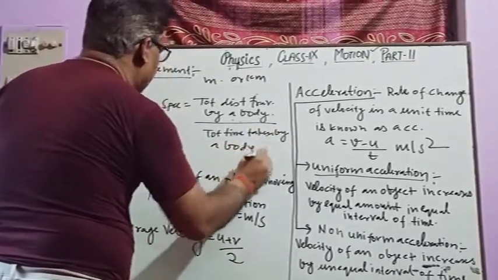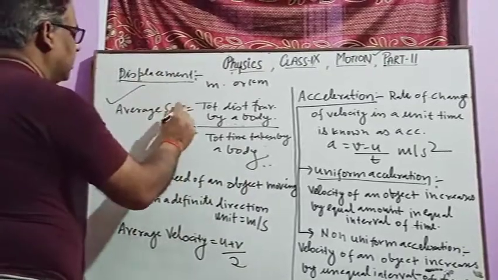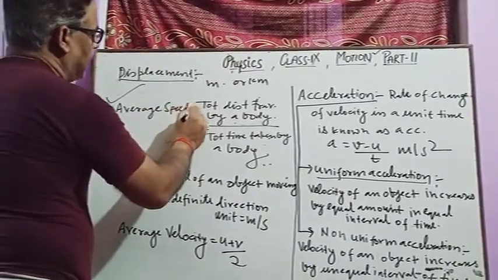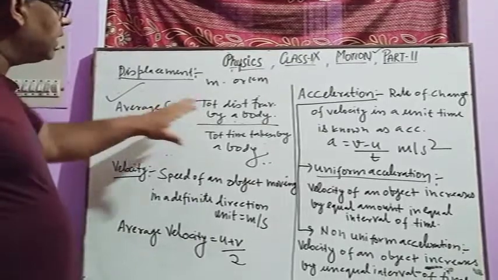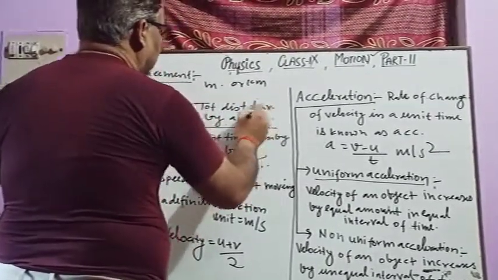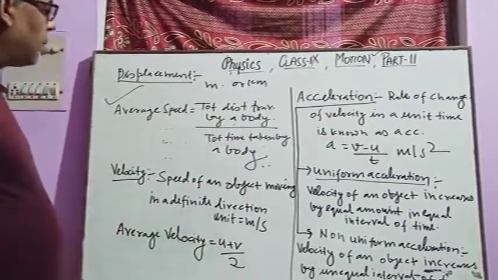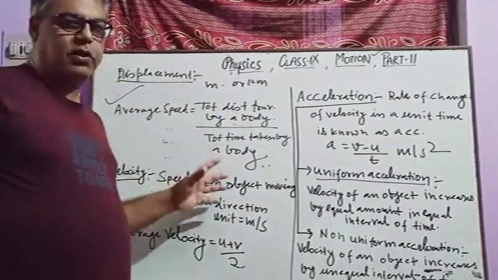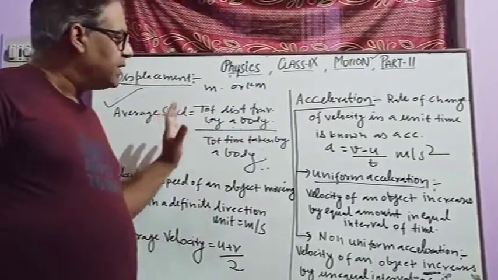This is the formula of average speed. It is the ratio of total distance traveled by a body upon total time taken by a body, known as the average speed.